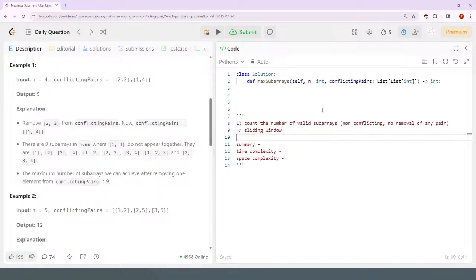So for instance, if the right index is 5, then the number of subarrays that end with 5 would be 1 to 5, 2 to 5, 3 to 5, 4 to 5, and 5 to 5.